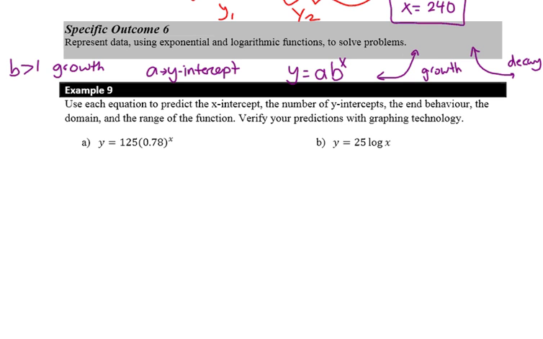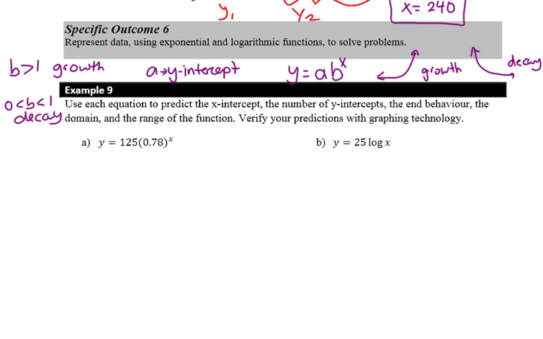It's a decay if b is greater than 0 and less than 1. So usually a fraction or a decimal, as long as it's less than 1, is a decay function.